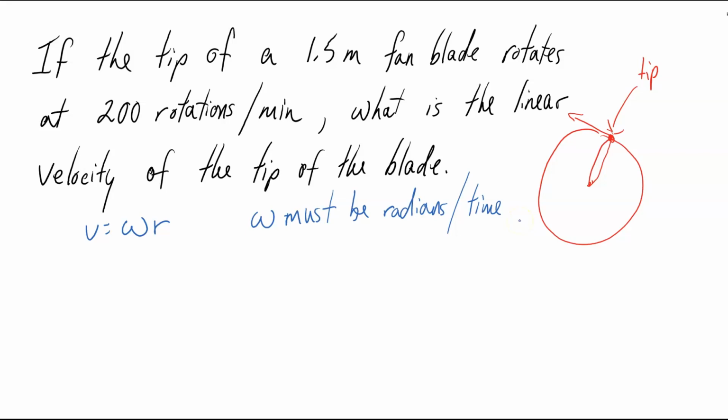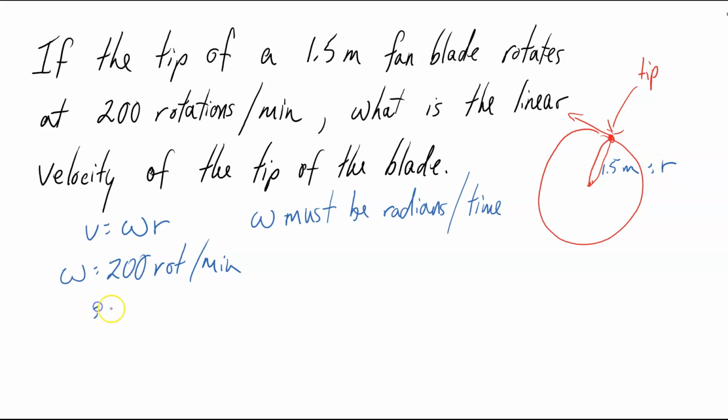What do we know about this? We know that the fan blade is 1.5 meters, that's our radius. We know that it rotates at 200 rotations per minute. So that is an angular velocity, 200 rotations per minute. For each one of those rotations, it travels 2 pi radians.